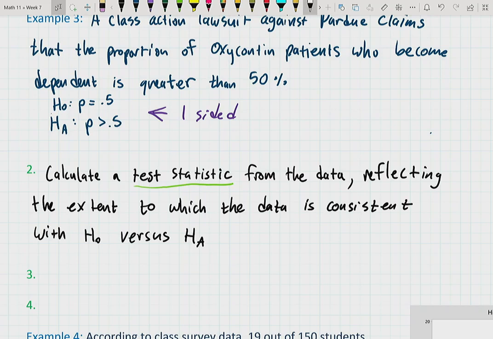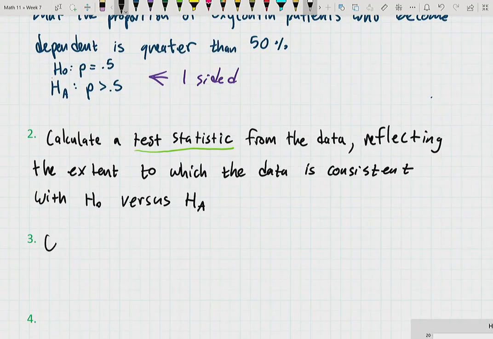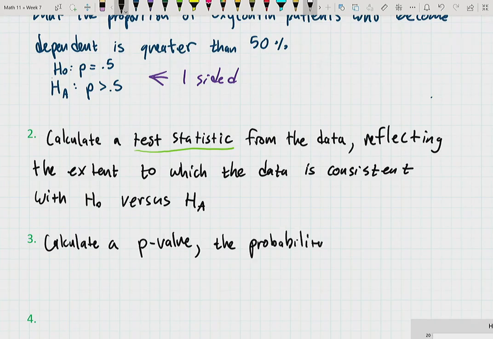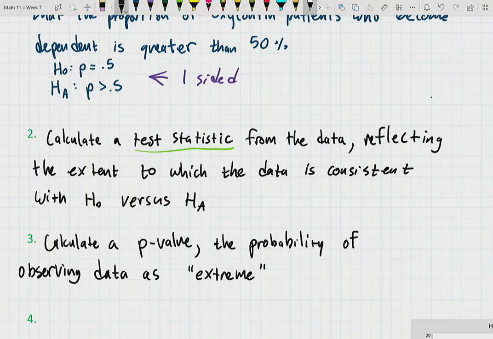Next, you calculate a p-value. That's a probability. It's the probability of observing data as extreme. And by extreme, here's where the alternative hypothesis comes into play.